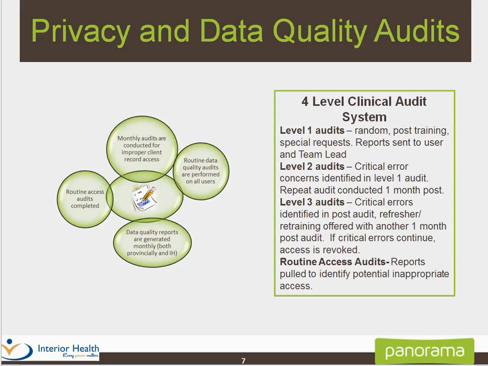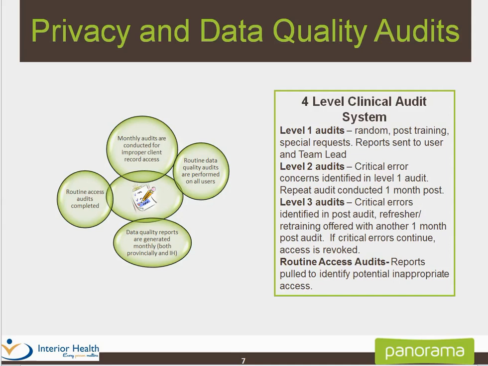Improper access audits include most frequently accessed clients by Panorama users, Panorama users who access the highest number of clients, users who look up their own information or family member information, and users who look up Panorama users such as coworkers. If irregular activity is identified, the Panorama Users Manager will be notified and an initial investigation will occur to determine if unauthorized access has occurred.